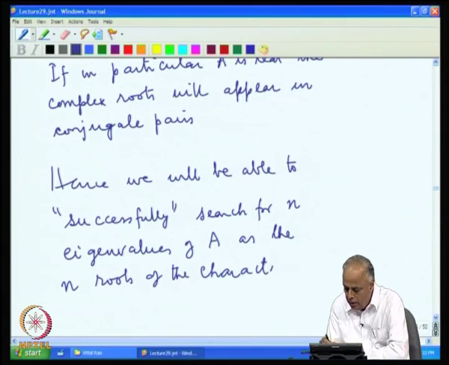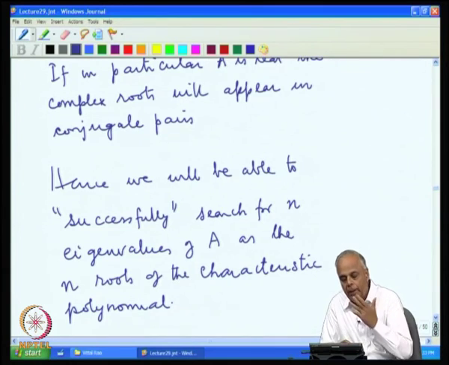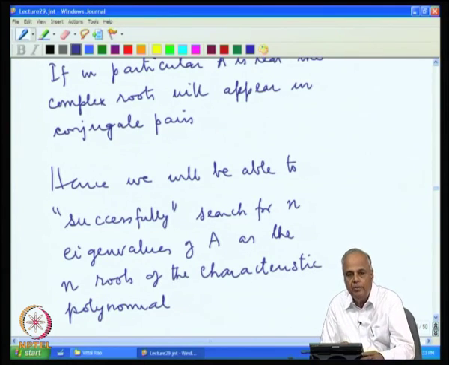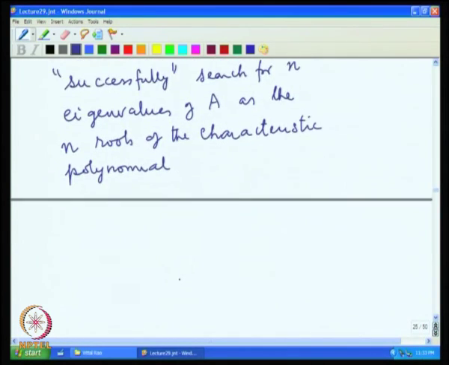We will see what is meant by successfully. And I assert and I repeat that these n roots could be complex also. If A is complex, the n roots can be complex, and if A is real, still the n roots can be complex, but whenever a complex root appears, its conjugate must also appear.